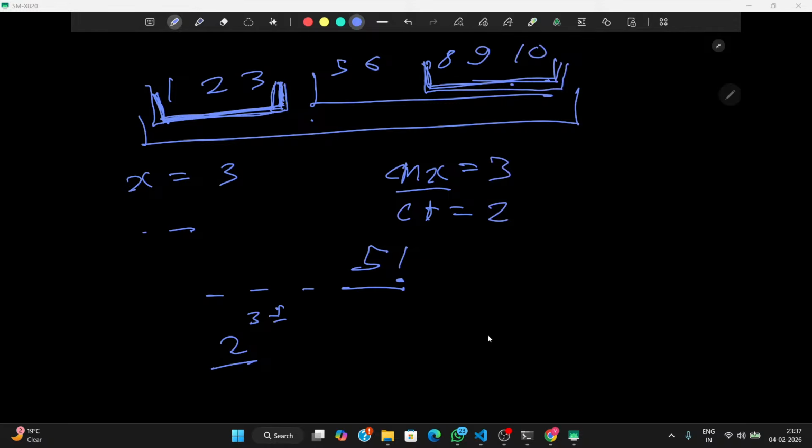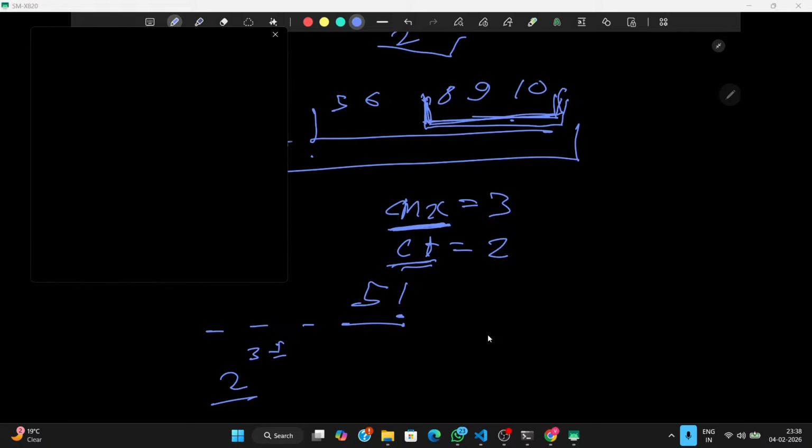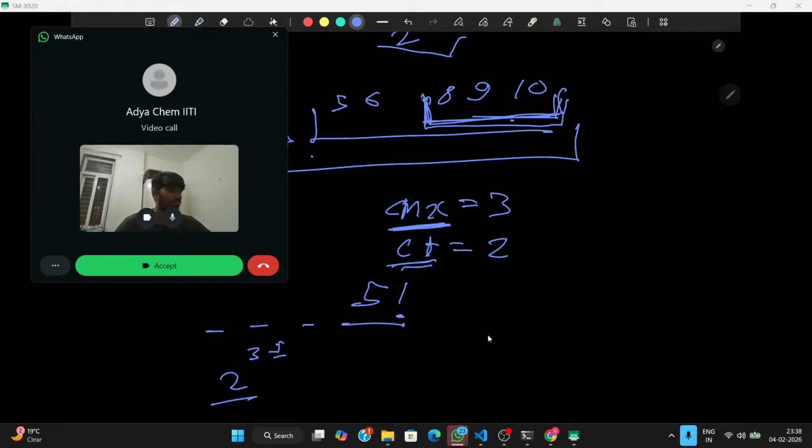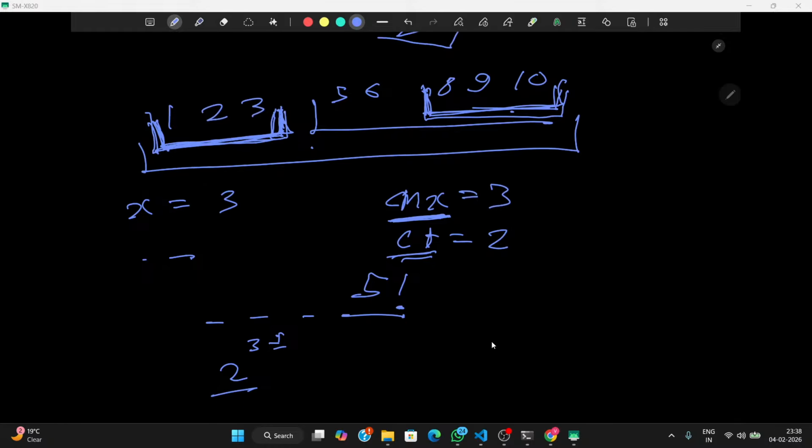Yeah. So first of all, we will find this maximum max. Then we'll find the number of subarrays, the number of subarrays of this length.